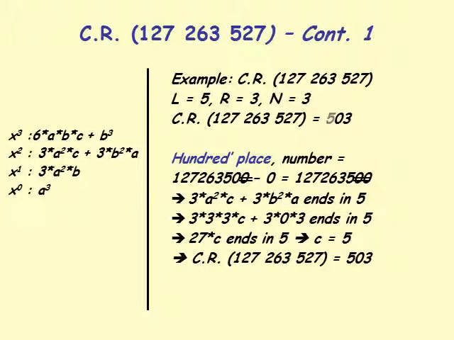That means 27c ends in a 5, so c is 5, which is what we had before, so it confirms. So the cube root of 127 263 527 is 503, and we use these polynomials, the cube of a polynomial, to find these values.